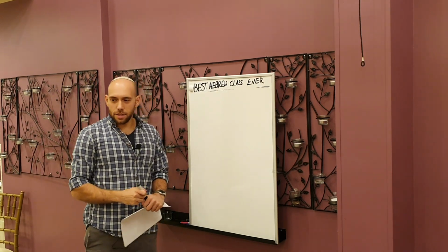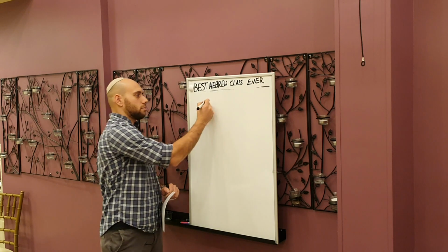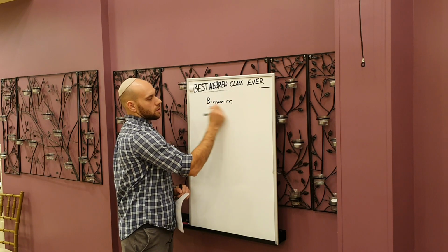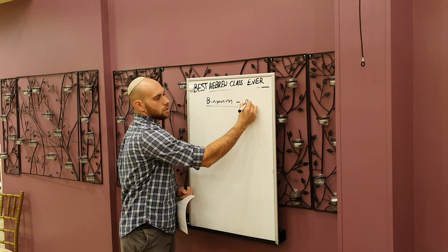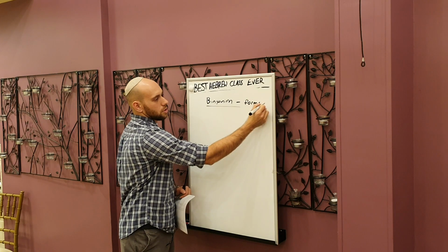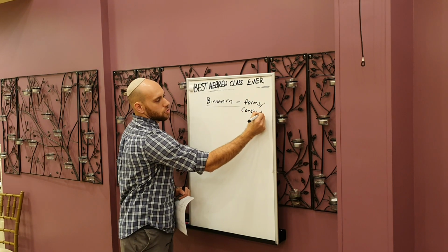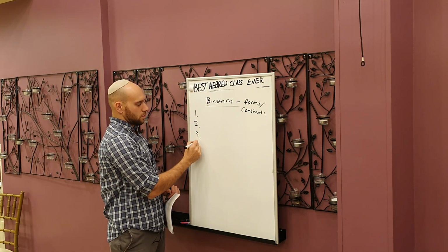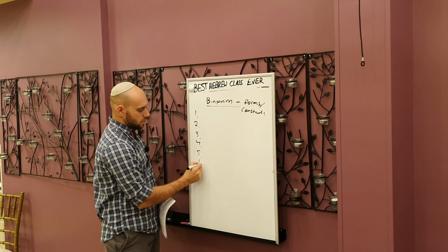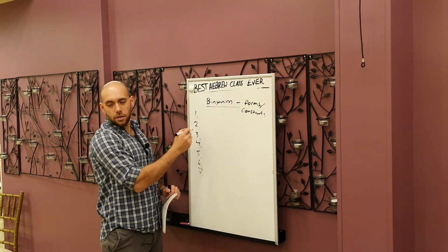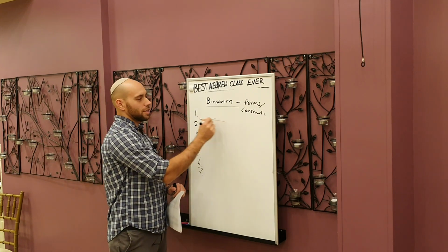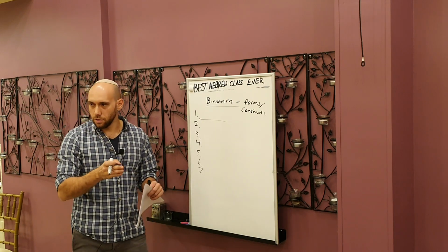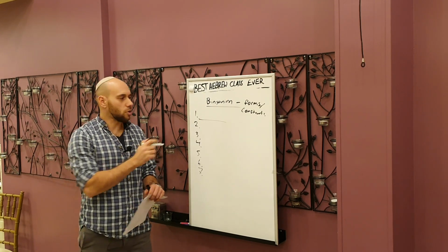There are different, it's called binyanim. Binyanim, these are forms or constructions, constructs, I suppose, something like that. There are 7 of them. Today, we are looking at just this one, including the vav in the second position, that's all part of this one.